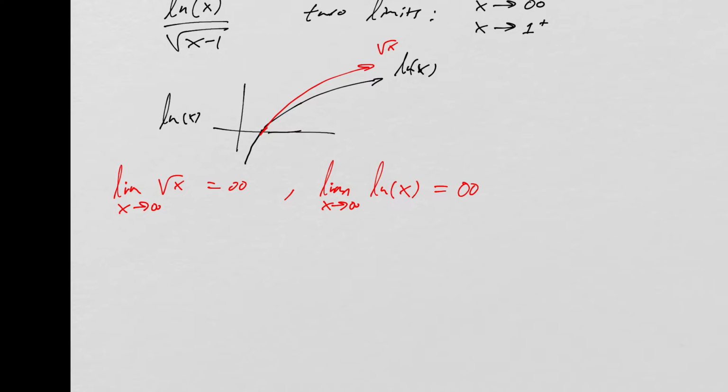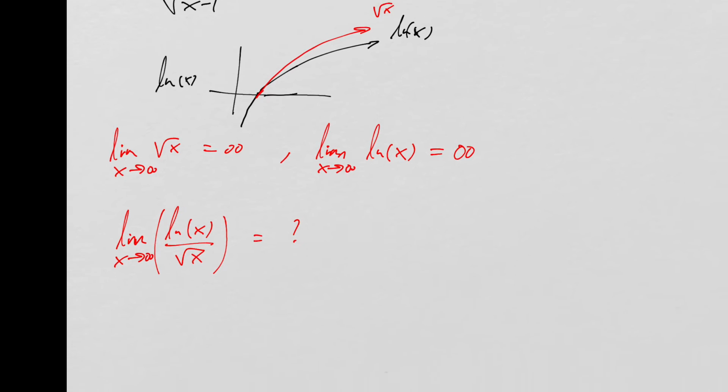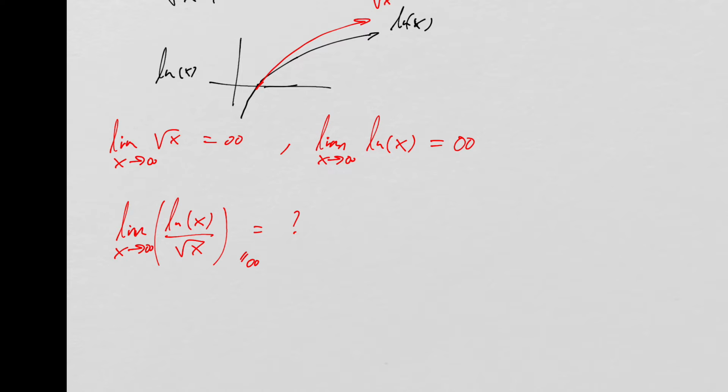So now what I want to do is look at the limit as x goes to infinity of natural log of x all over the square root of x. All right, so what we see immediately is that we have an infinity over infinity type of situation. What that means is that L'Hopital's rule is allowed.